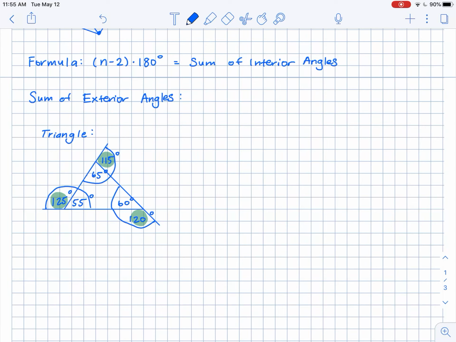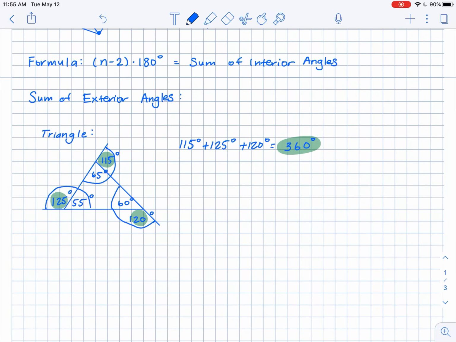So if I want to find the sum of the exterior angles, I need to add these three angles together. 115 plus 125 plus 120 equals 360 degrees. So the sum of exterior angles of our triangle is 360 degrees.